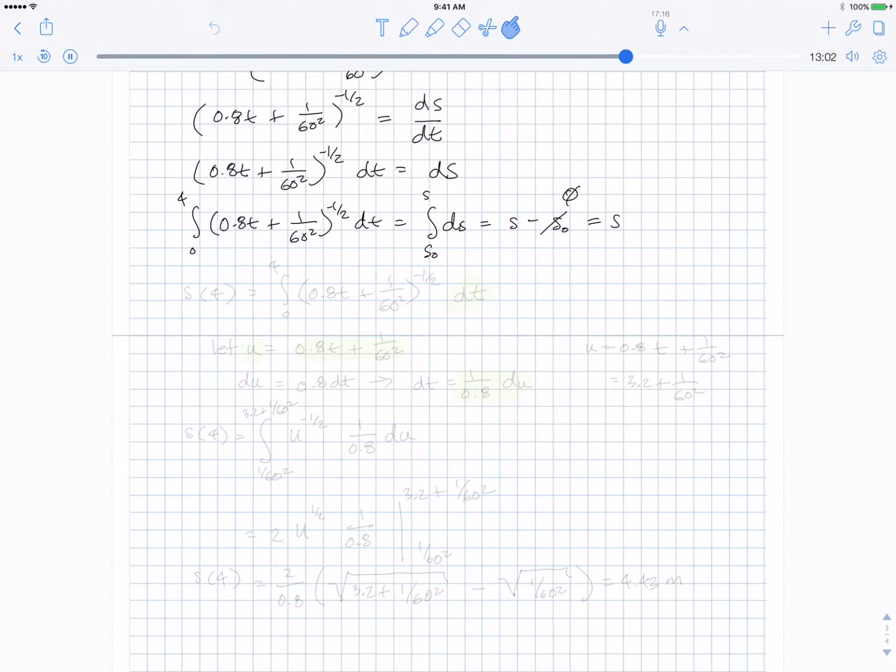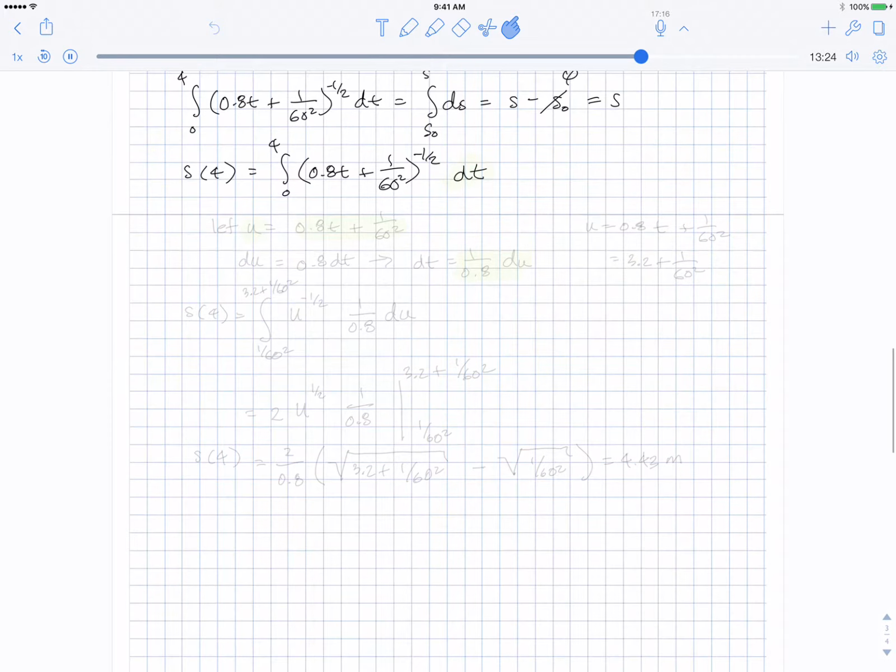So finally, s at 4 seconds is the integral from 0 to 4 of 0.8t plus 1 over 60 squared, all to the minus 1/2 power dt. I don't know that one offhand. I don't have Wolfram Alpha handy, so we're going to have to use substitution.